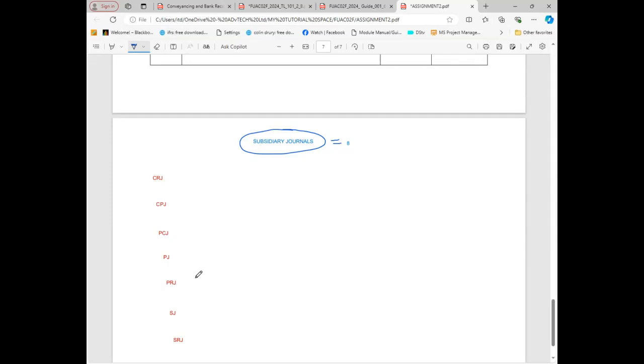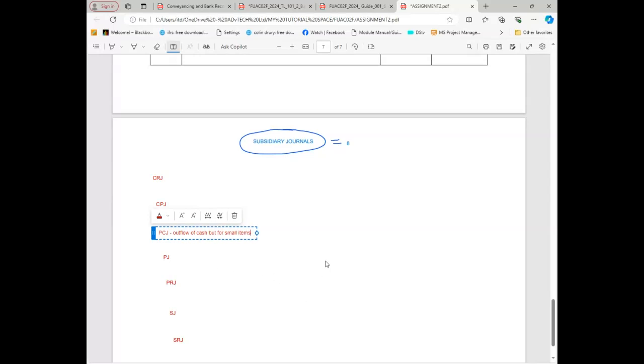Are we good? Now, the other one is PCJ. This is called petty cash journal. Petty cash journal is also outflow of cash, but for small items.